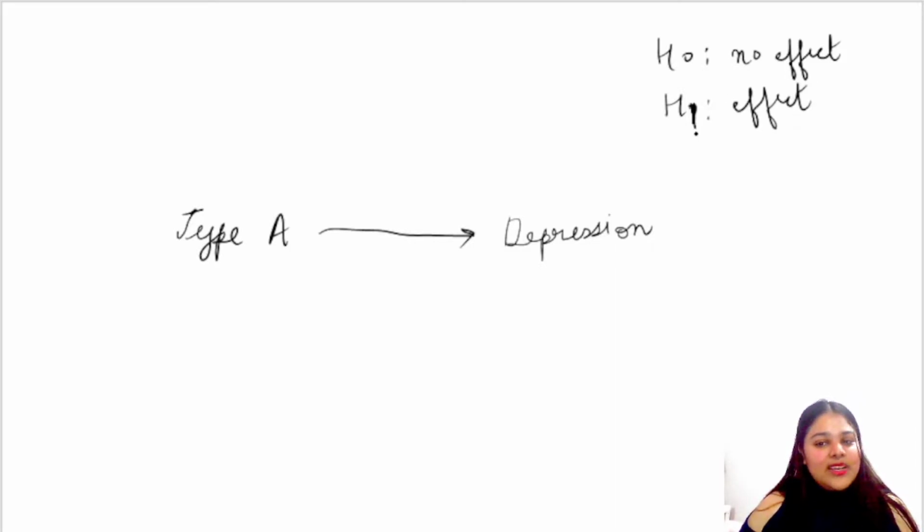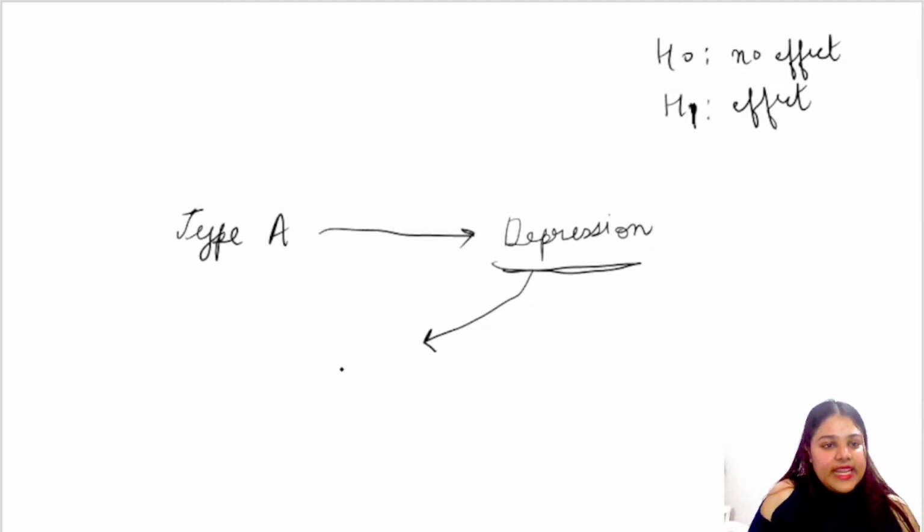For example, null hypothesis could be directional, non-directional, any way that we want to frame it. So here I am saying that there is an effect of the type A medicine on depression, but these people who were depressive, or the sample that I selected, were already going through therapy, or they were already taking some other form of medication.